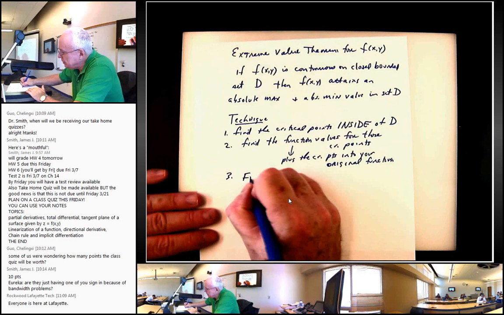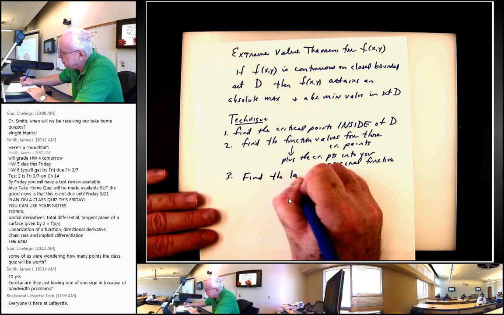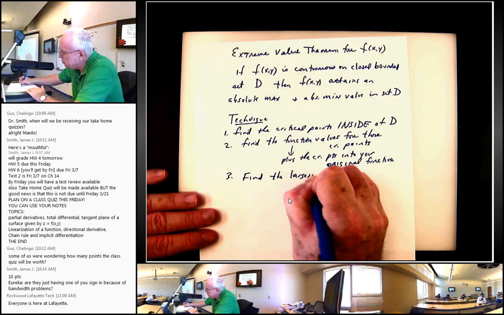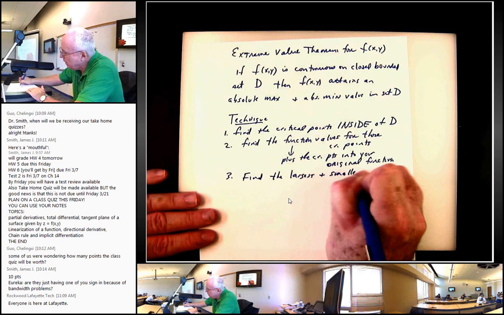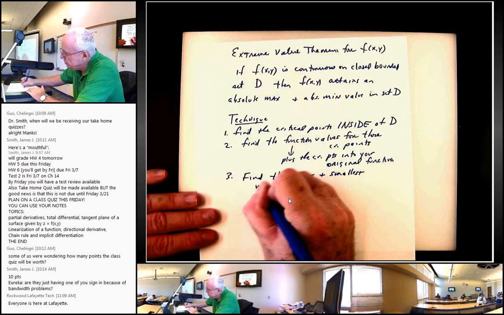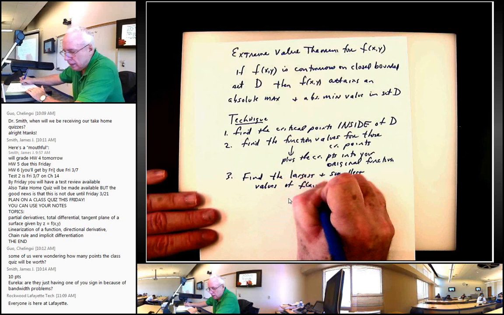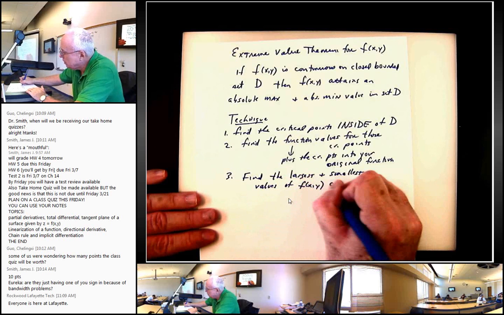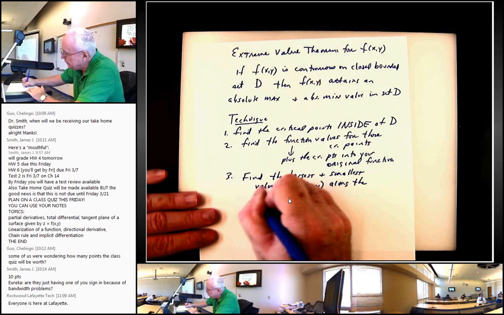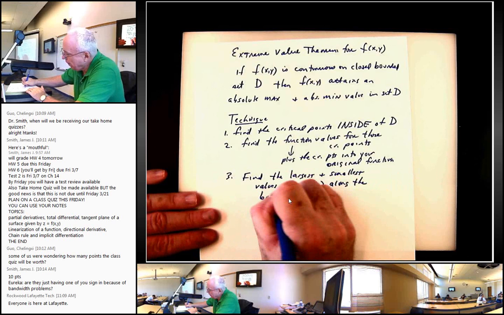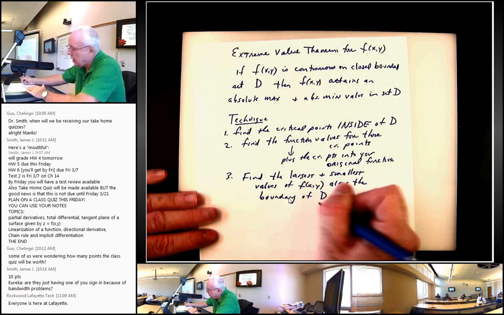So find the largest and smallest values of the original function f(x,y) along the boundary of our set.